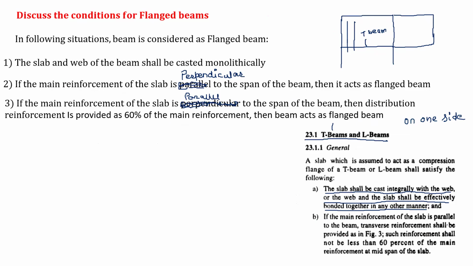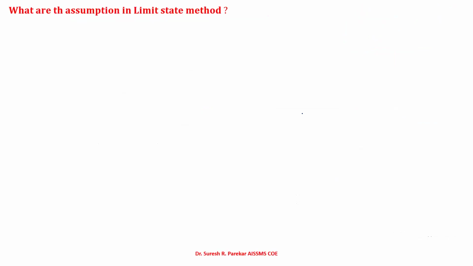So when the main reinforcement of this slab is parallel to the span, the distribution reinforcement should be 60% of main. Because this is an Lx one-way slab and this is Ly, my main reinforcement is parallel to Lx, and therefore this beam is a T beam and we have to provide 60% of main reinforcement, and then it will act as a flange beam. Then we have the next question.